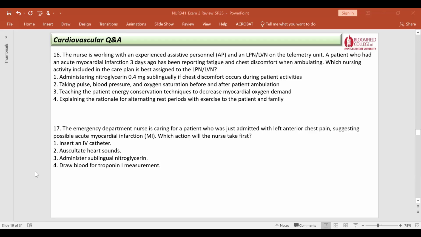Okay, you said to draw blood for troponin I, right? Yeah. So what would you do about the patient?